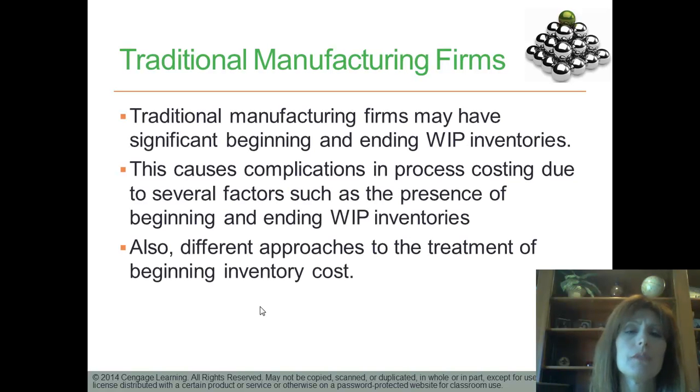A traditional manufacturing firm tends to have a lot of work in process inventories, and that makes it a little tough for us, because what is finished? If I want to take the total cost of vitamins and divide by the number of bottles that I made to come up with the per unit cost, what do I do about the vitamins that are half done, the ones where I made the pills but I didn't bottle them yet, or they're mixed but not encapsulated?